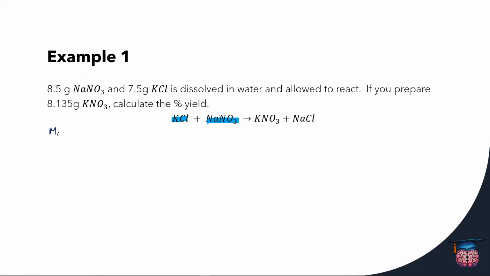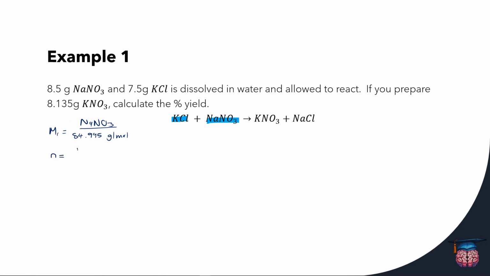So the molar mass of the sodium nitrate, NaNO3, was previously calculated to be 84.995 grams per mole. And now simply we just go and calculate the number of moles.